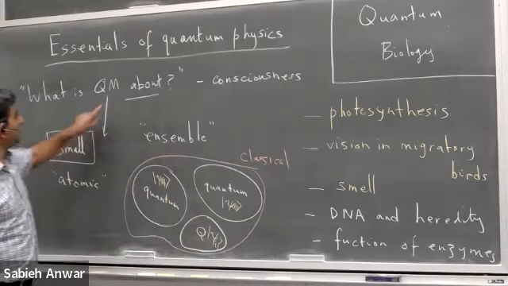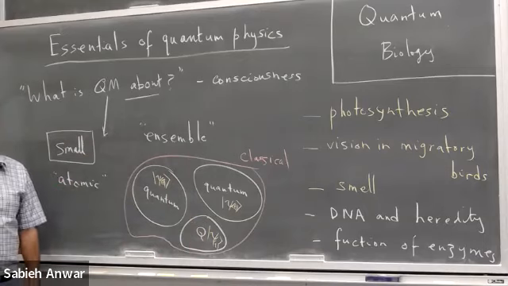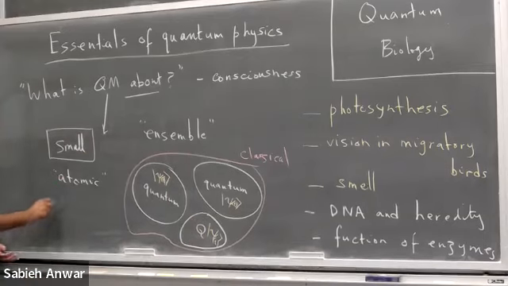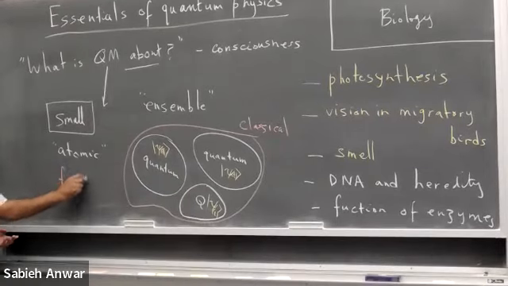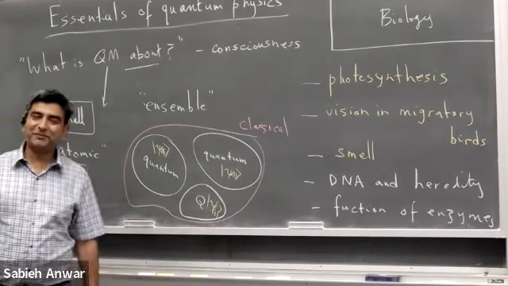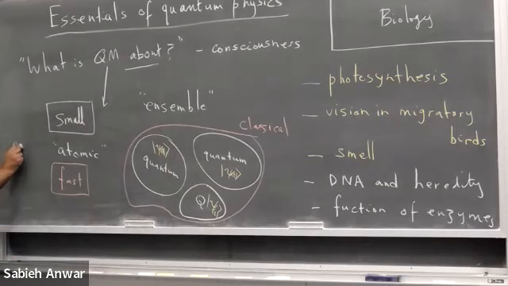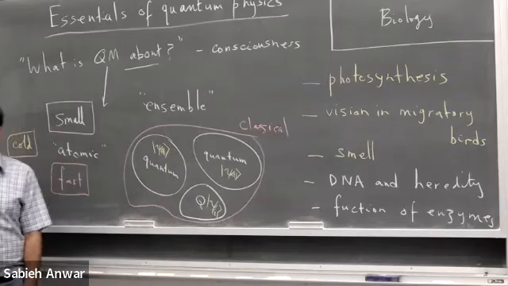All right. So quantum mechanics generally deals with objects that are small and objects that are fast. And another thing that quantum mechanics generally deals with is objects that are really, really cold. Generally, cold for the following reason.